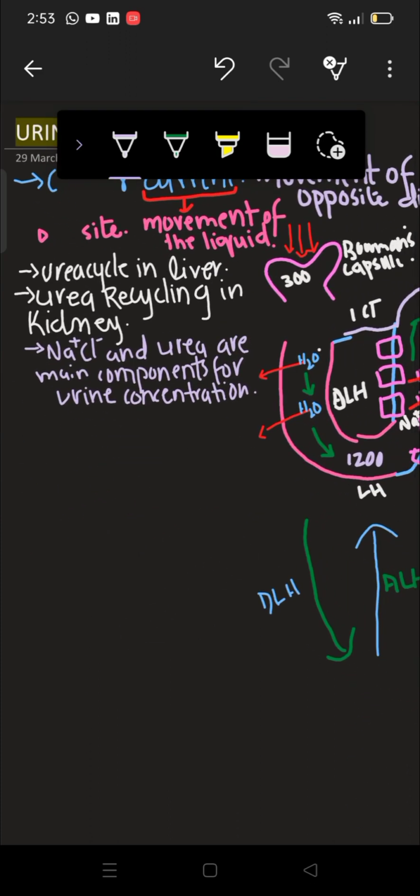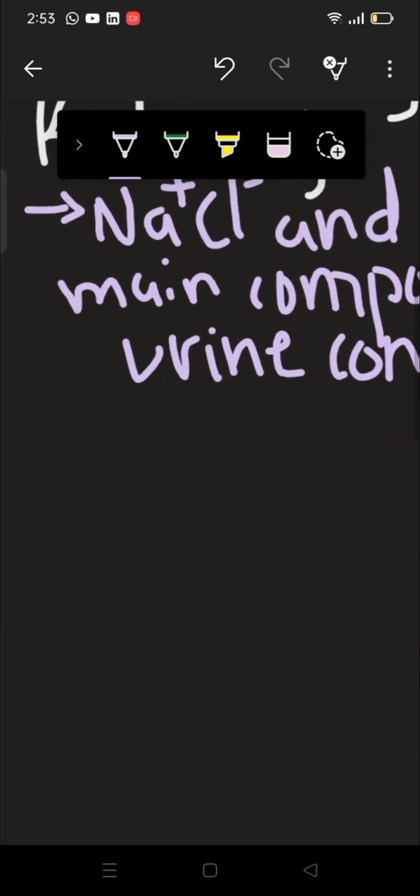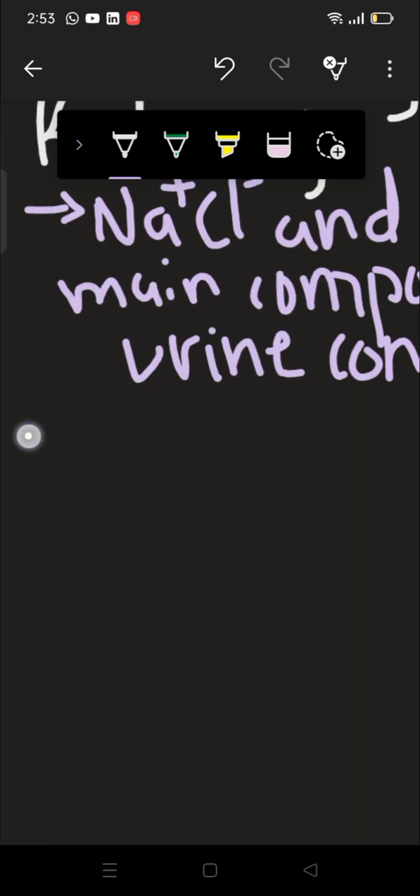Again we have an important point. Medulla is highly concentrated just because of sodium, chlorine, and urea. Because sodium, chlorine, and urea are the important components for the concentration of urine, and they are present in the medulla. Let me write this point as well.